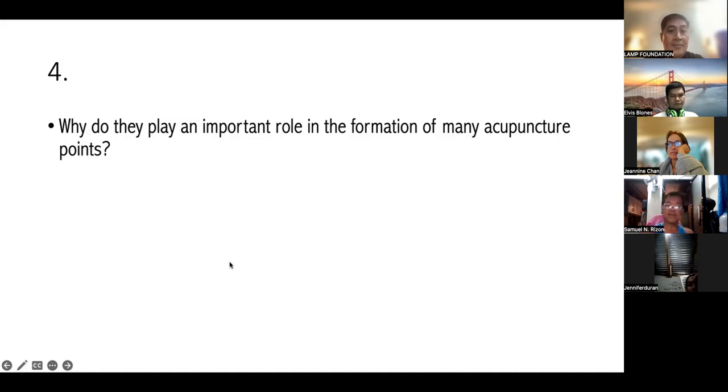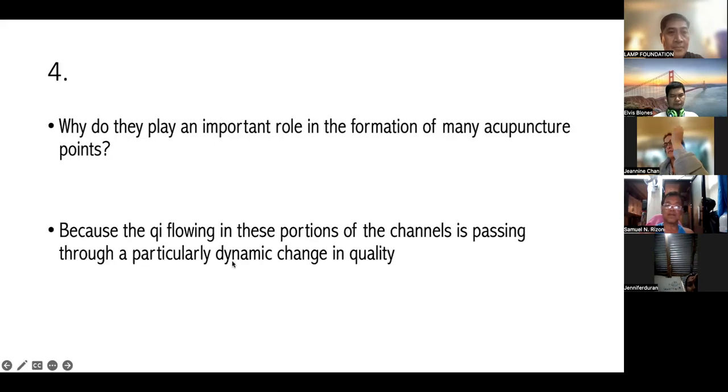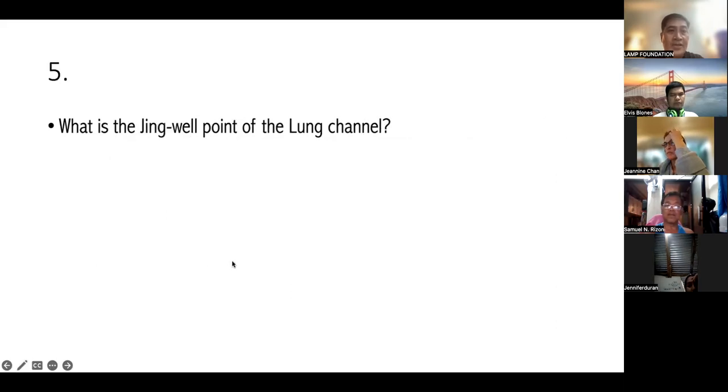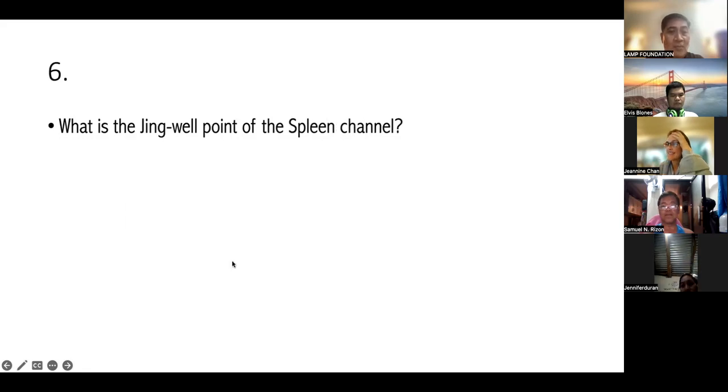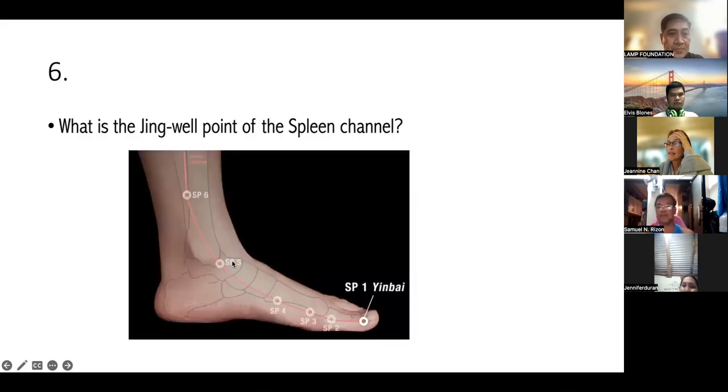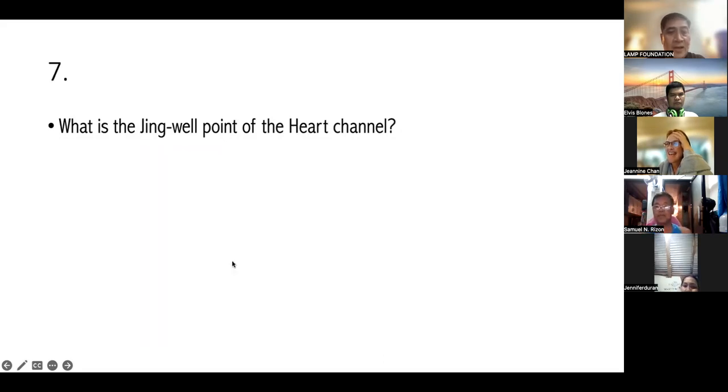Next, what is the Jingwell point of the lung channel? Lung 11. Great. What is the Jingwell point of the spleen channel? Spleen 1. What is the Jingwell point of the heart channel? Heart 9.